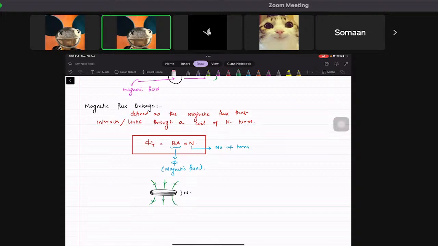So it's interacting with the coil like that. That's B, and that, my friends, is the perpendicular area that we're looking at.